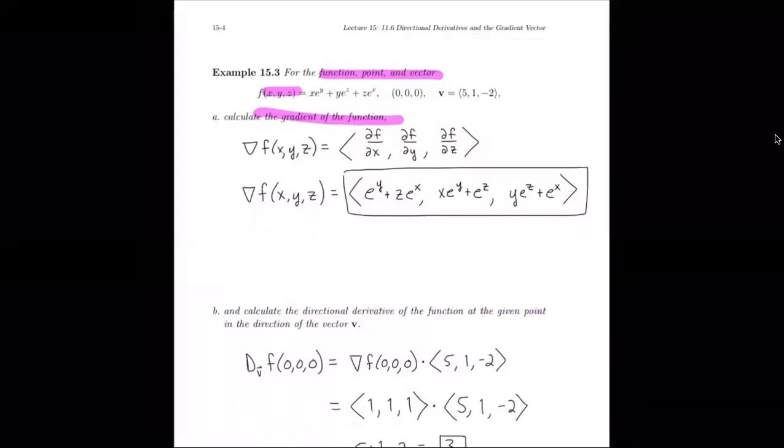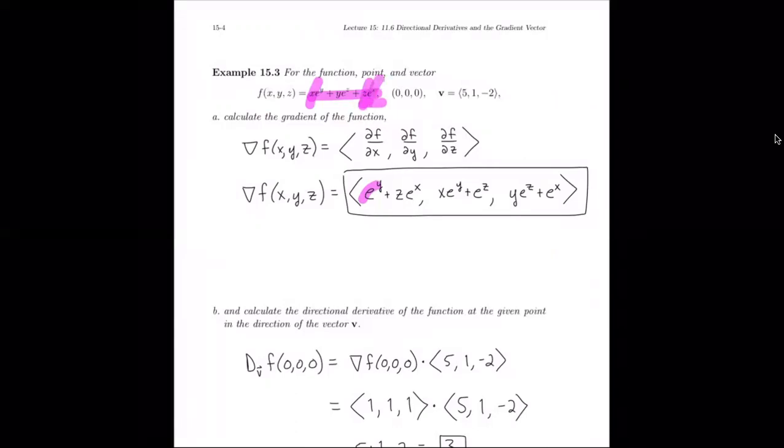So part A is easy. We just calculate the gradient of this function. So we need to find the partial of f with respect to x, then y, then z for each component. The partial of f with respect to x, well, in this case, this is just a power rule times constant e to the y, so we get 1 times e to the y, plus z e to the x. Z is a constant.